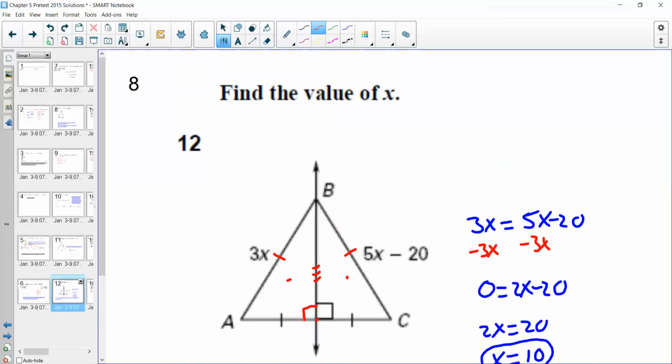I don't have the test up. Does anybody have the test up? Didn't it say to justify or something? Anybody have the test with them? What does it say? It just says find X. Okay, I'll have to go back and look at that.